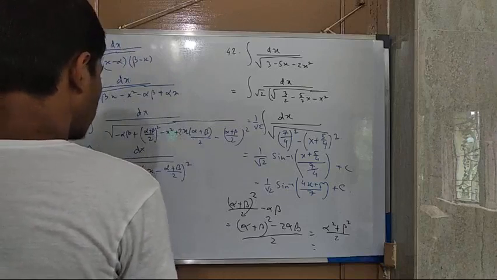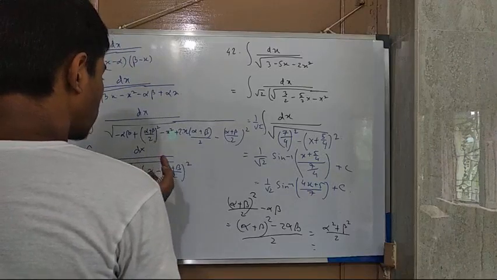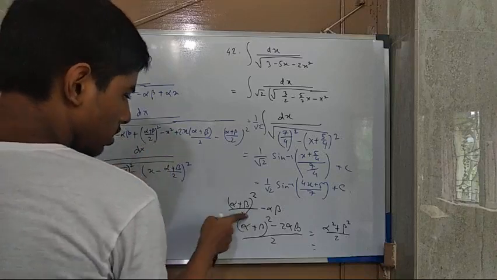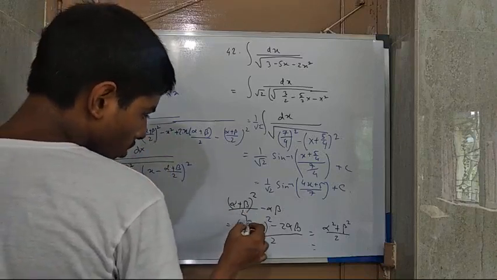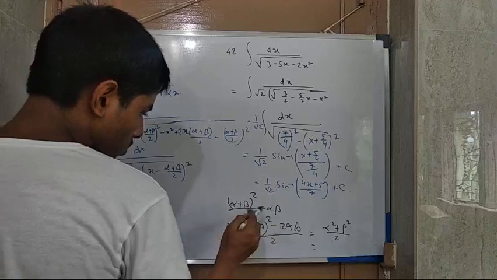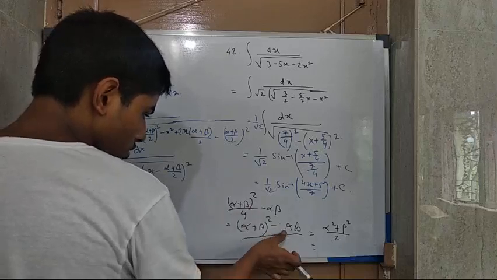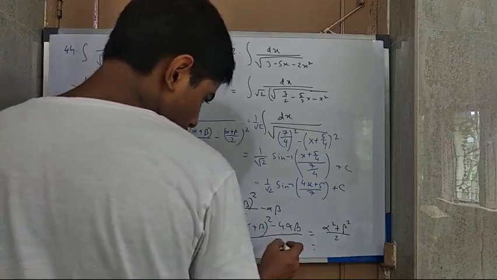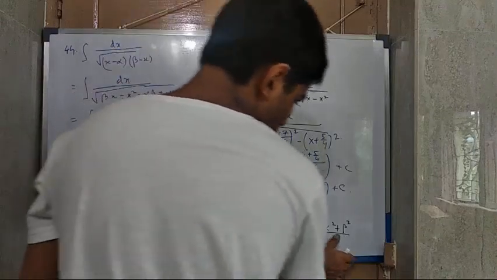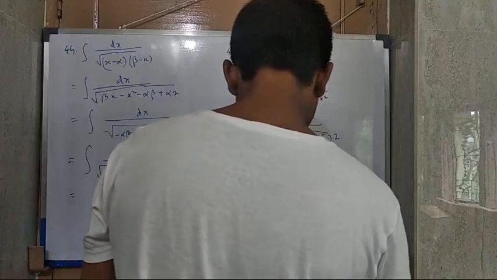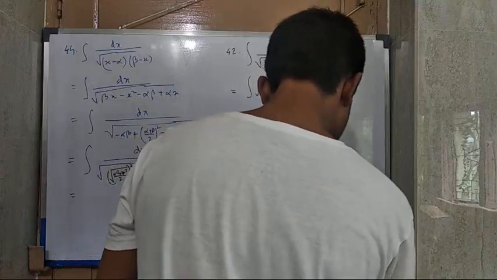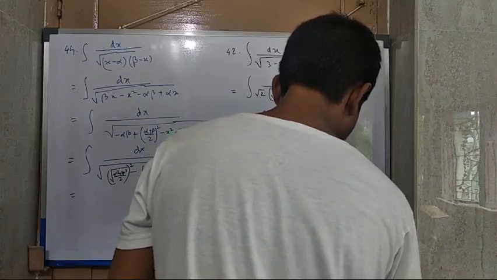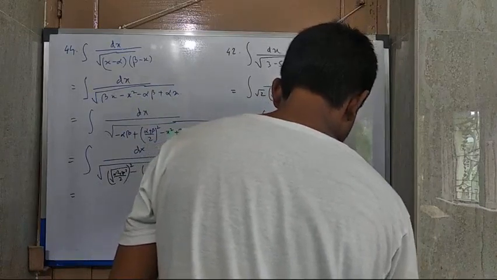Yeah, I hope there is no mistake. This is not 2, this is 4. So this is also 4, so yeah, this is 4 as well. So this is actually alpha minus beta whole square by 4.